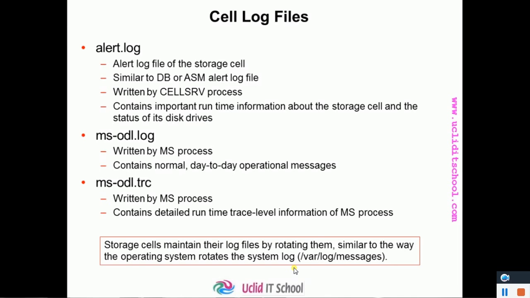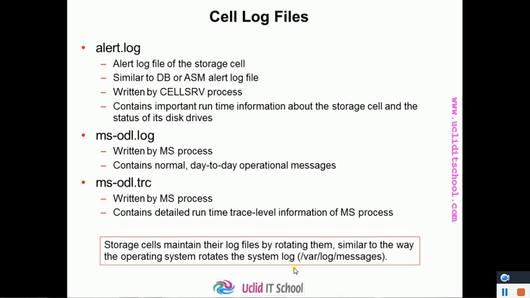Similarly, every cell has an alert log file. And this alert log file is written by the cellsrv process. It contains important information about the cell and the runtime messages related to the cell.